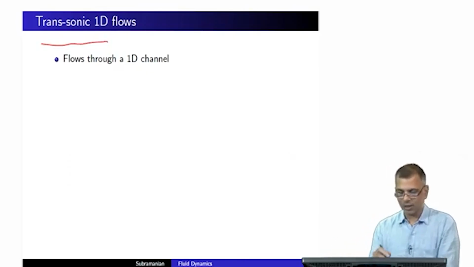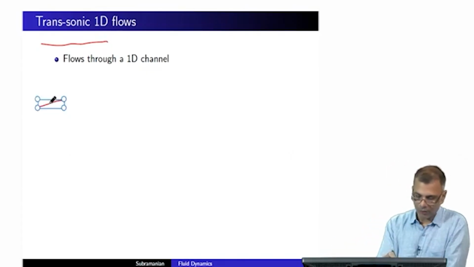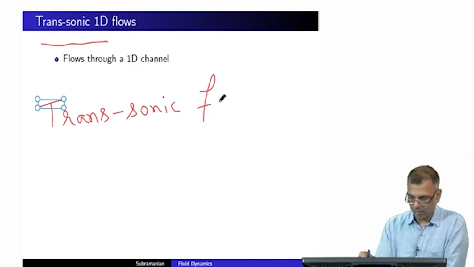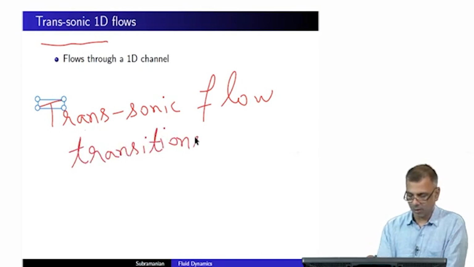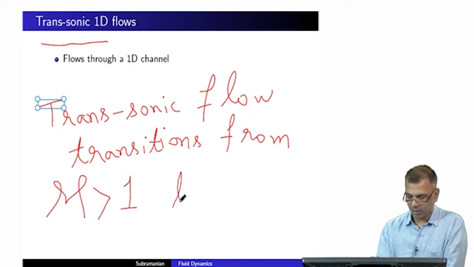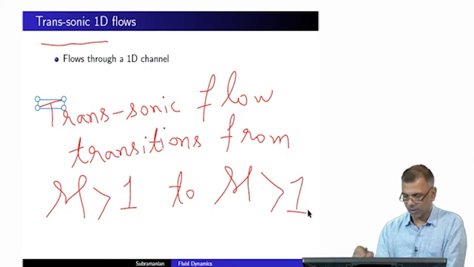A transonic flow is one that transitions from Mach number less than 1 to Mach number greater than 1.